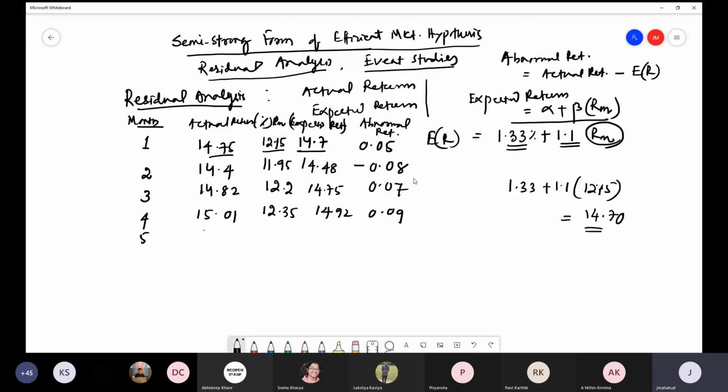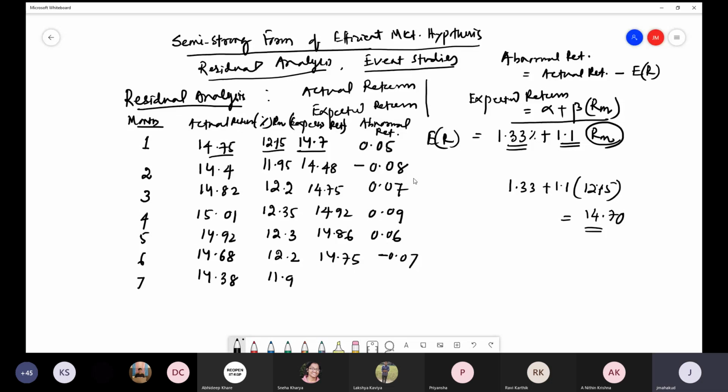Fifth, it is 14.92, 12.3, then it becomes 14.86, then 0.06. Then in the sixth, it is 14.68 actual return, market return was 12.2, expected 14.75, then it becomes minus 0.07. Seventh period, the actual return has become 14.38, market 11.95, then it becomes 14.48 and minus 0.10.